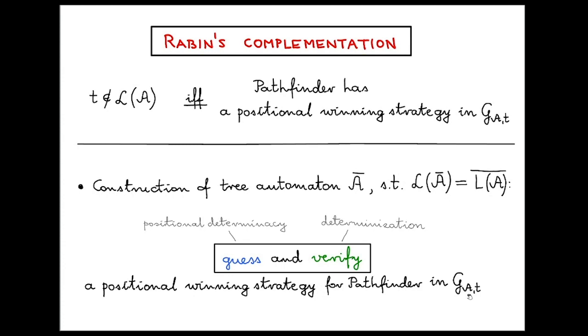So this automaton, A bar, will be able to accept a tree if and only if it is capable of guessing and verifying, confirming that a strategy that it has guessed, a strategy for Pathfinder, is indeed winning for Pathfinder, and hence it is impossible for the automaton to accept that tree, because otherwise it would be the opponent who has a winning strategy, and that's impossible.